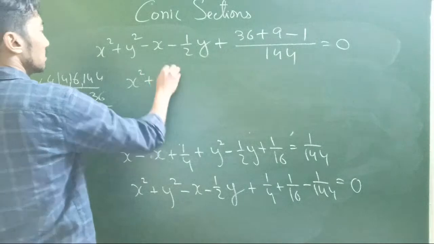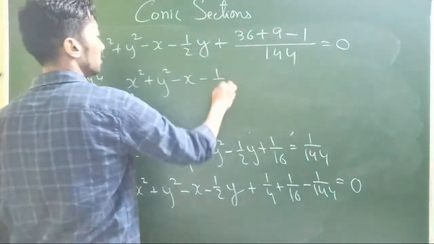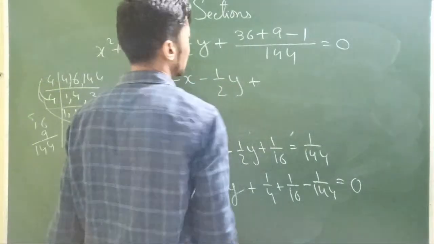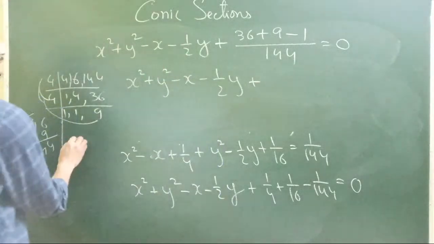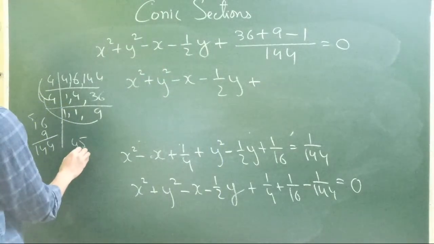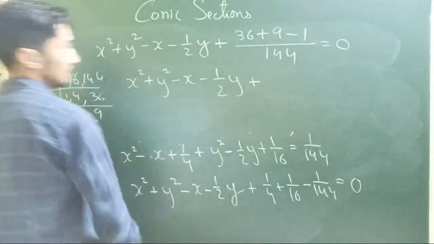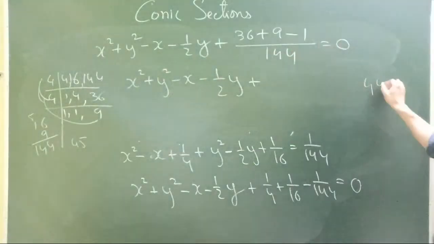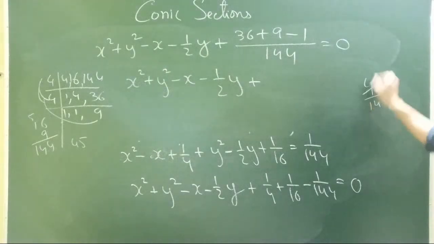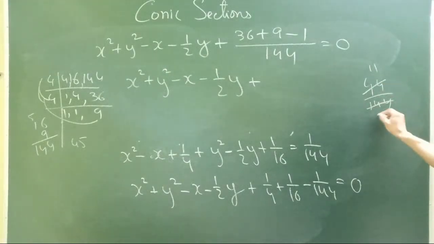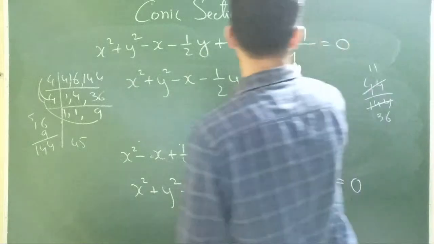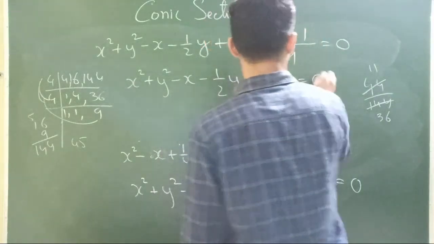That's x square plus y square minus x minus 1 by 2 y plus, so 36 plus 9 is 45, minus 1 is 44. So 44 by 144, dividing by 4, is 11 by 36, equal to 0.